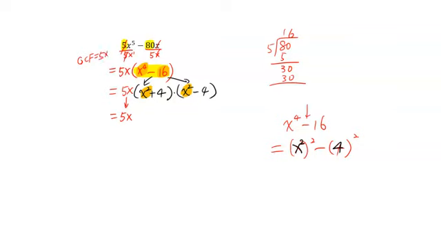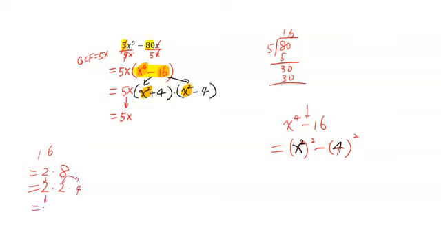We broke down x fourth minus 16 into these two, but maybe we can still break them down. Just like with numbers, for example 16, you can break it down as 2 times 8. 2 you cannot break down, so you bring it down, but 8 you can break down as 2 times 4.